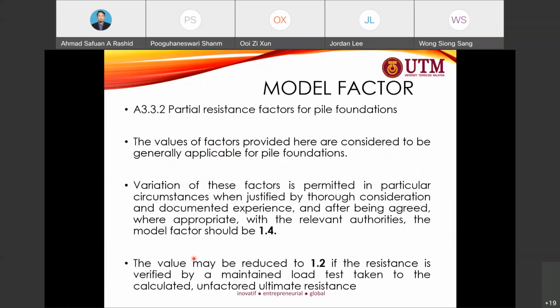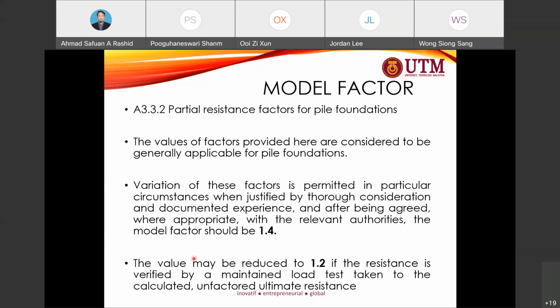So the factor values provided here are considered to be for general application for pile foundations. Verification of this factor is permitted in particular circumstances when justified by thorough consideration and documented experience, and after being agreed where appropriate with the relevant authorities.